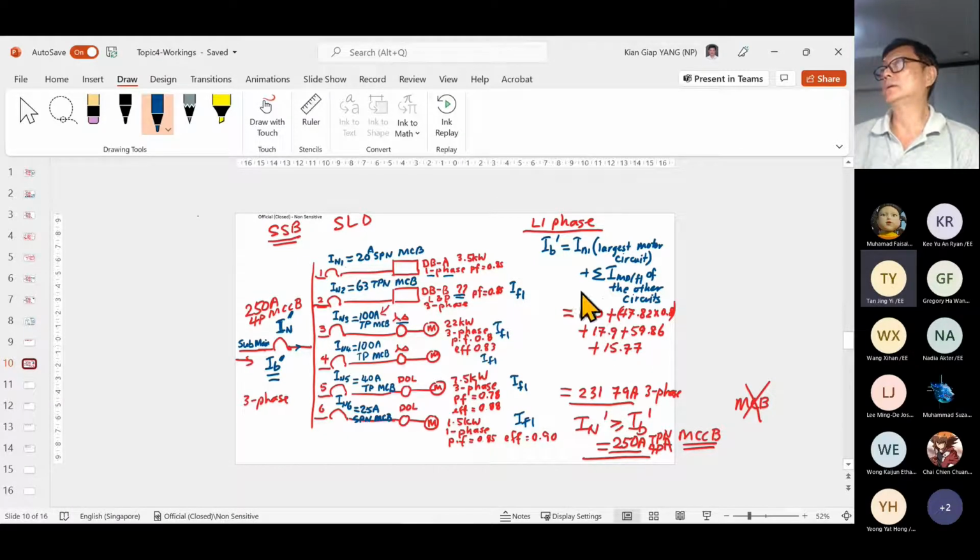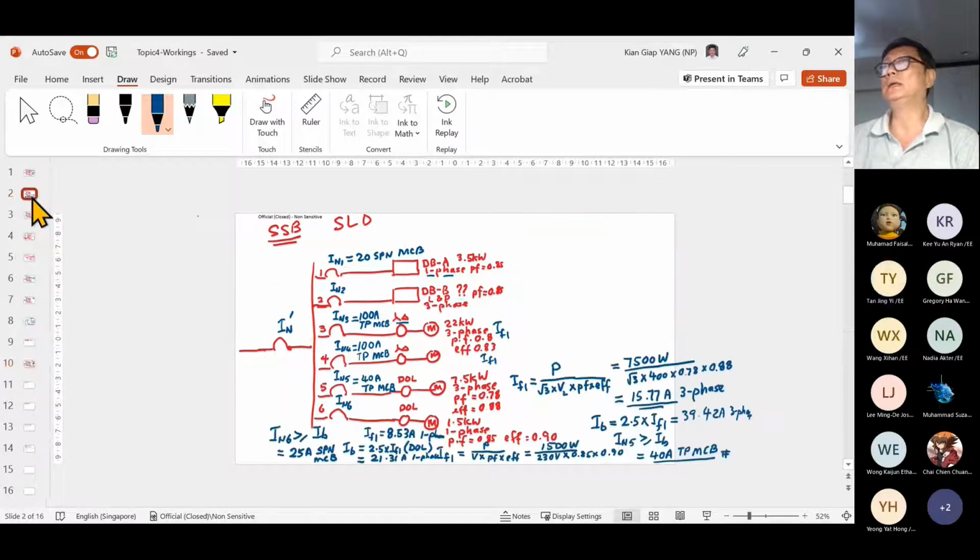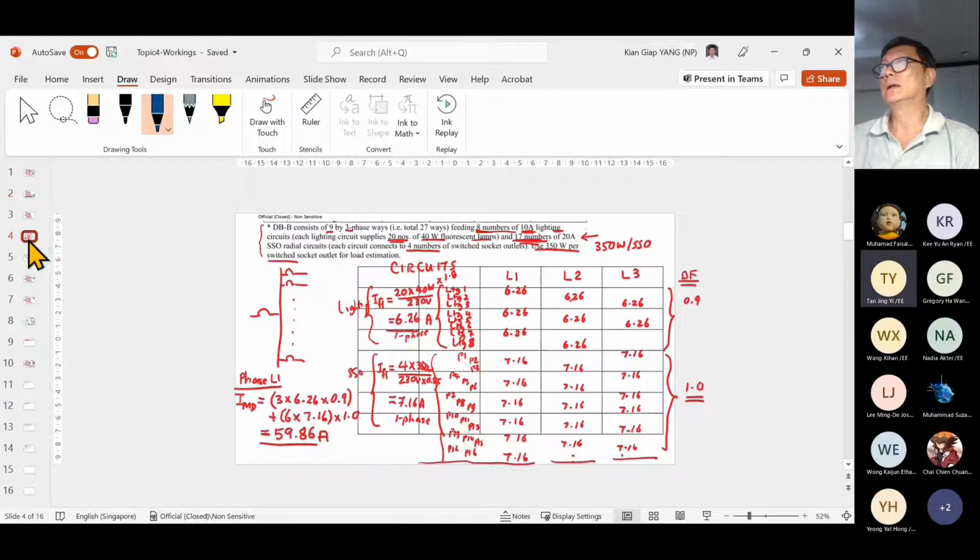Then for the DBB, I don't understand how you get the numbers also. Okay, DBB, because DBB has many circuits inside. Can you see? We have the lighting circuit with 8 circuits, then the socket outlet circuit with 17 circuits.